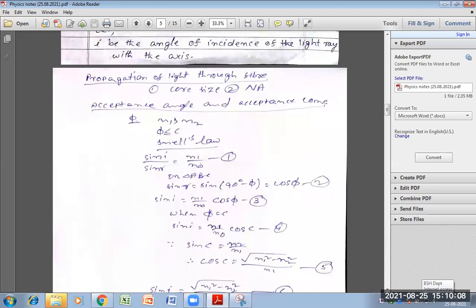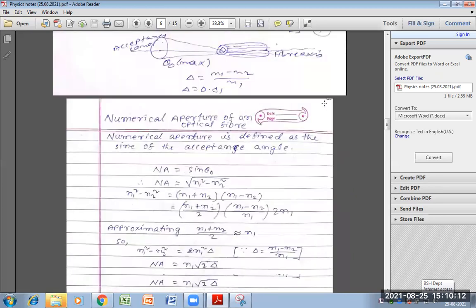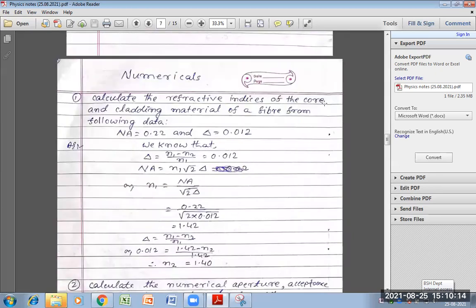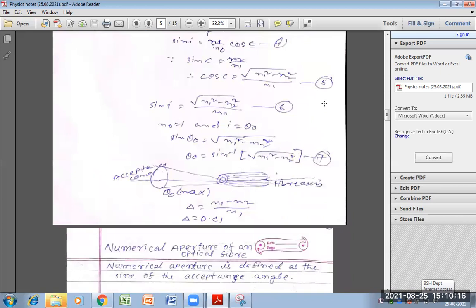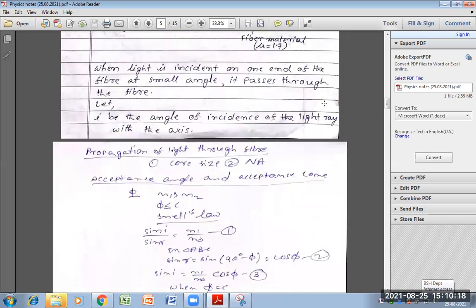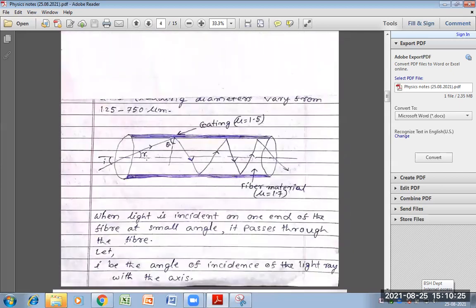We know that according to this diagram, I have drawn the diagram of acceptance angle and acceptance cone. Now just see this diagram. Here I is the angle of incidence, meaning the ray is incident at this point.